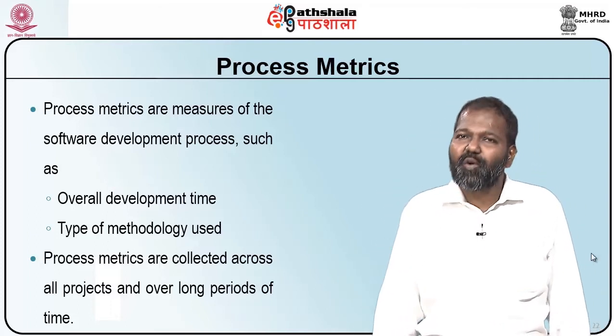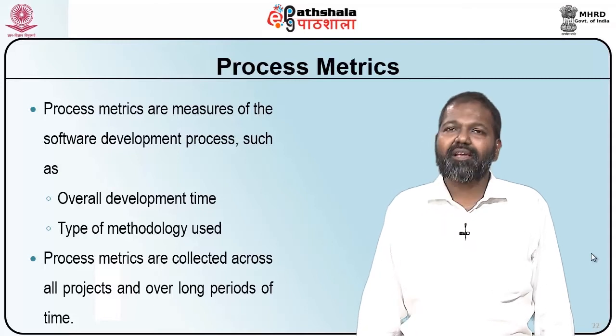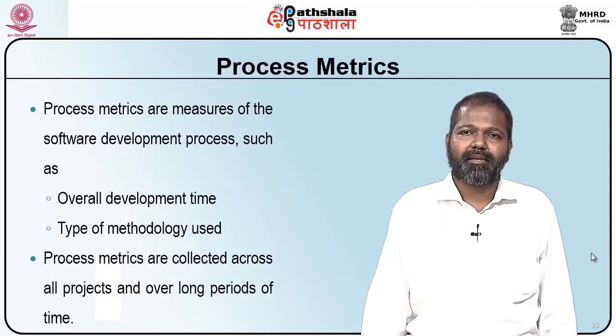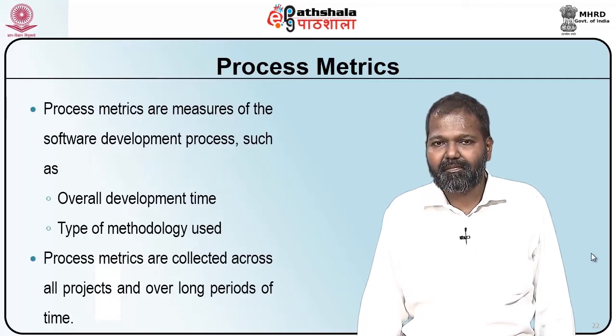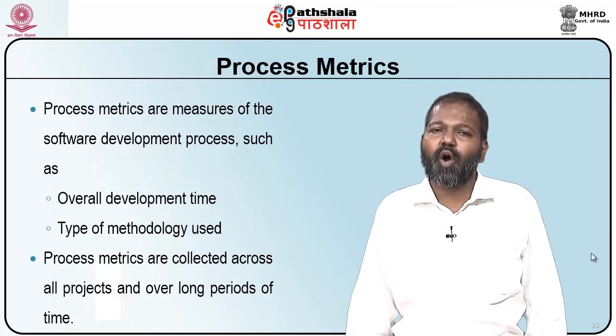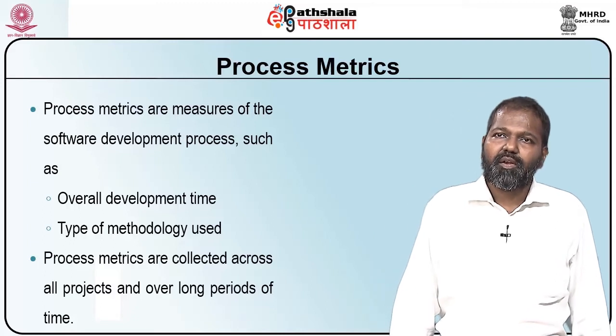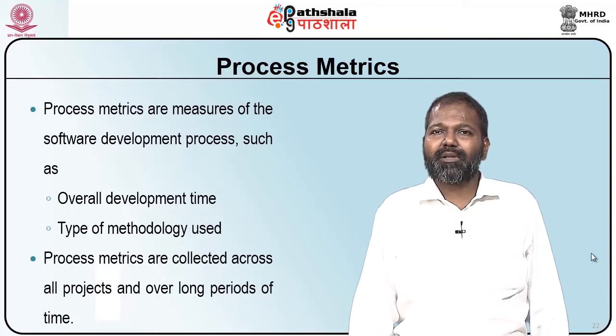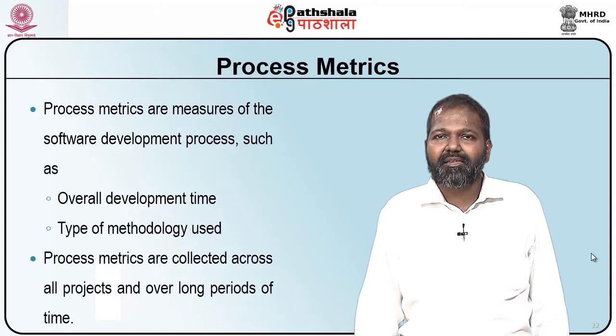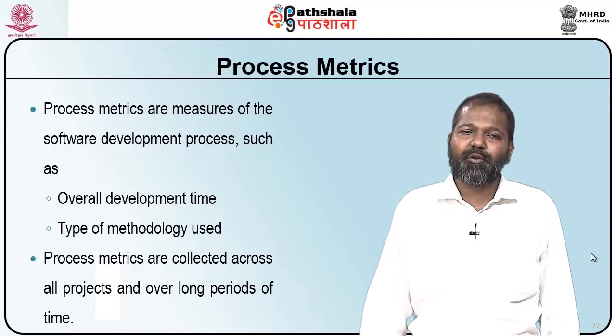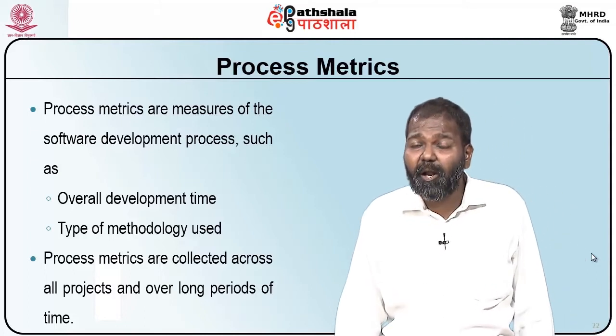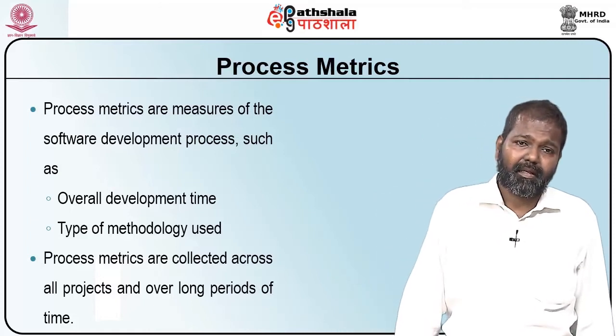When I talk about resources: human resources, hardware resources, software resources and others. Others include your environment. So, with respect to the available resources, you may have to compute your overall development time.